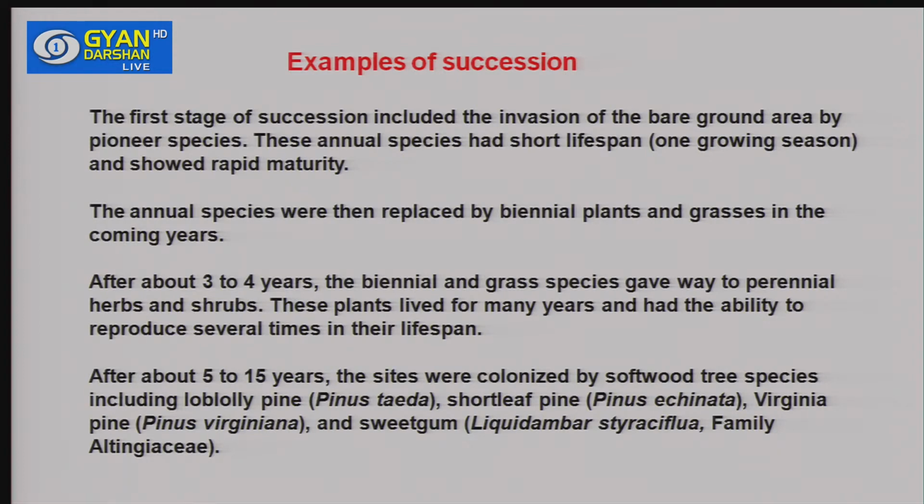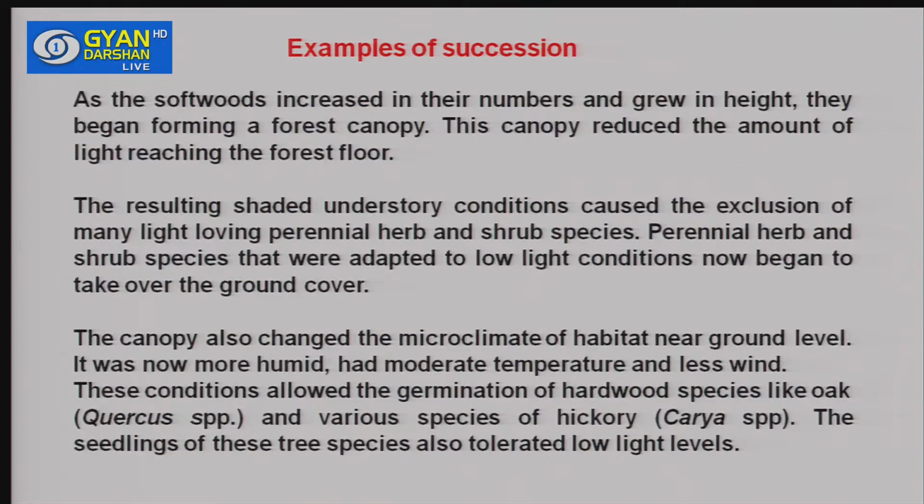After 3 to 4 years, the biennial and grass species give rise to certain perennial herbs and shrubs. So these live for quite a number of years, and then after 5 to 15 years, you will find that the area is colonized by certain softwood tree species, particularly pine, loblolly pine, short-leaf pine, Virginia pine, and so on.